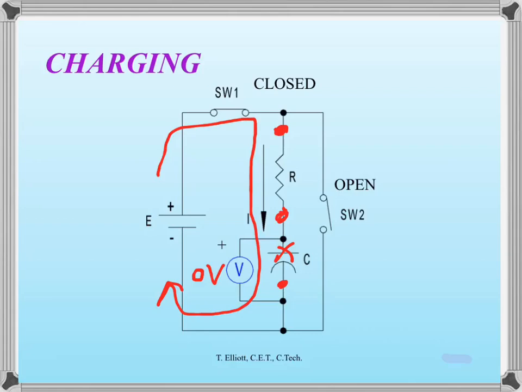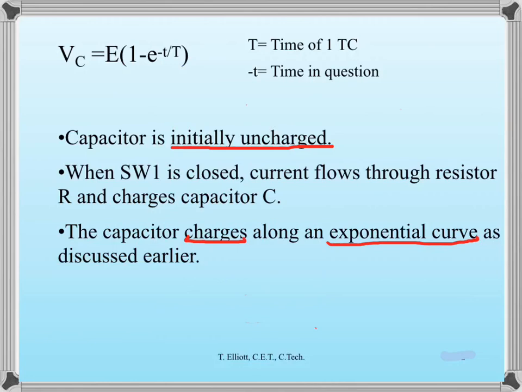And so with the capacitor starting to charge, let's look at the behavior that we would expect to see. Again, the initial assumption is that the capacitor is uncharged. When we close switch 1, current flows through the resistor, and the capacitor charge starts to increase.